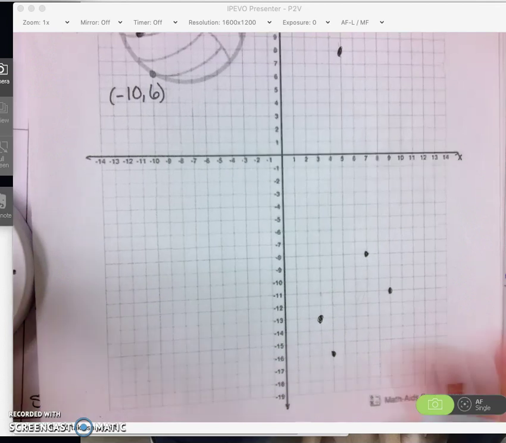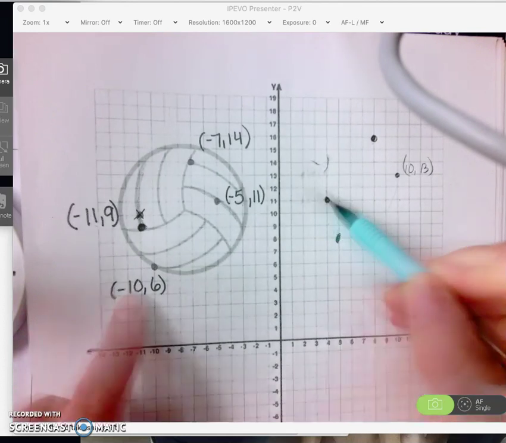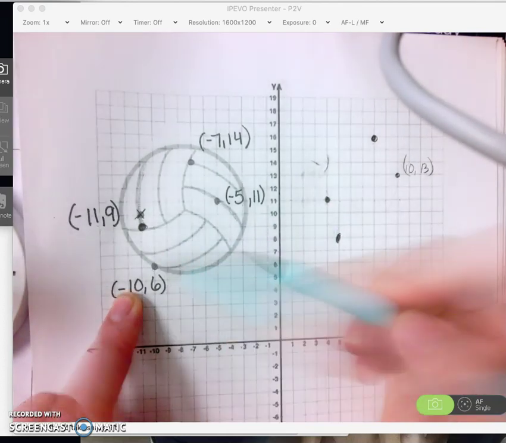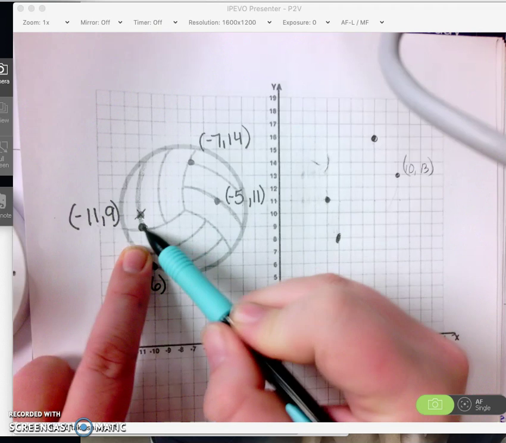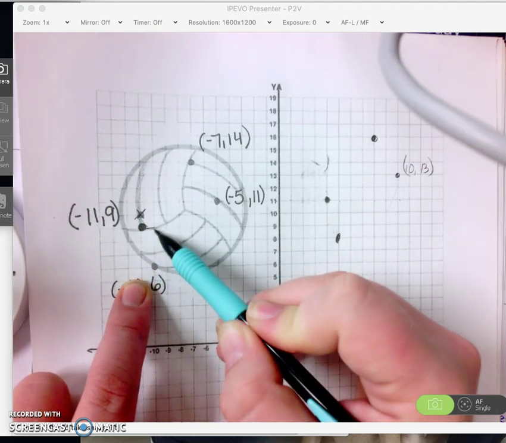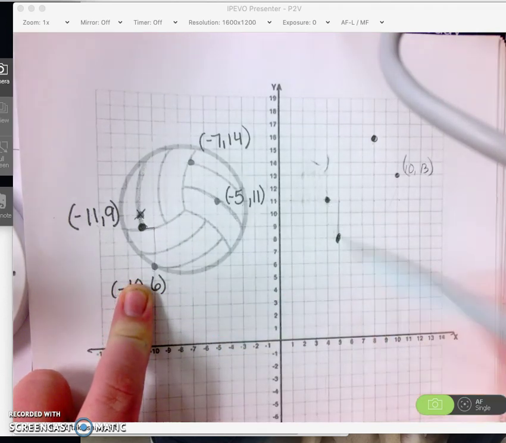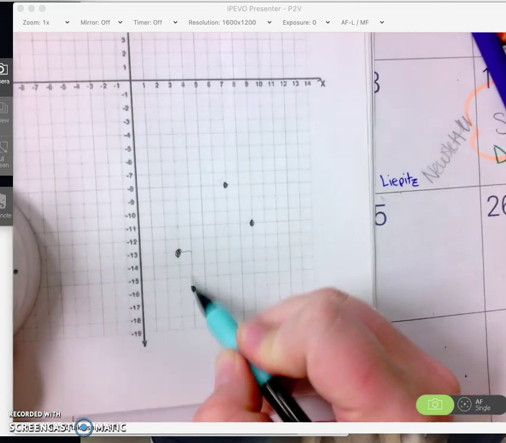Okay, and if you see my bottom 2 points here, that's these 2 points here. I'm going to think about this. This point to this point, I'm going to travel to the right 1 and down 3. This one, I go to the right 1 and down 3. So this one should be to the right 1 and down 3.